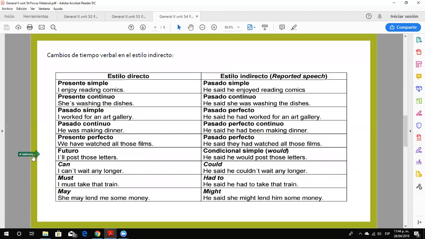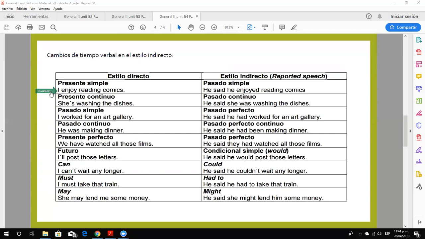Here we are, the changes in the verb tenses in indirect speech. In direct speech, we use present simple, like "I enjoy reading comics." In indirect speech, or reported speech, we say, "He said he enjoyed reading comics." As far as we can see, we are going to use a different pronoun.